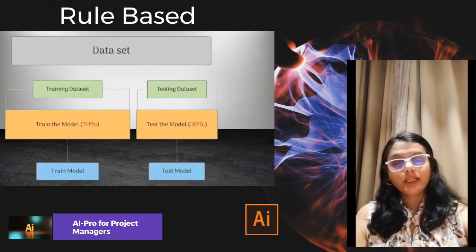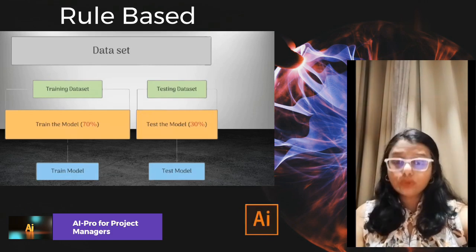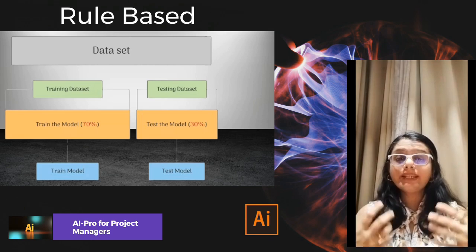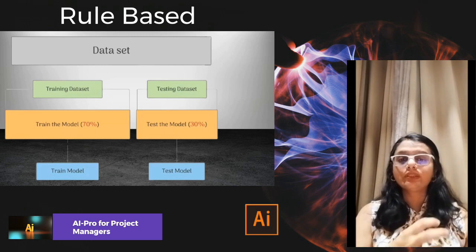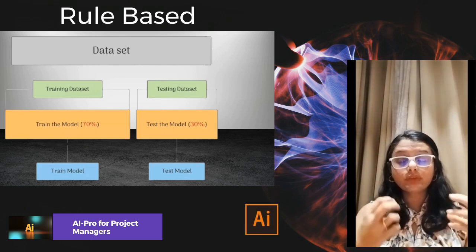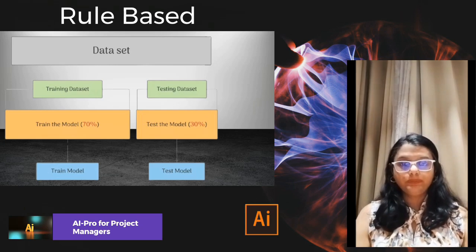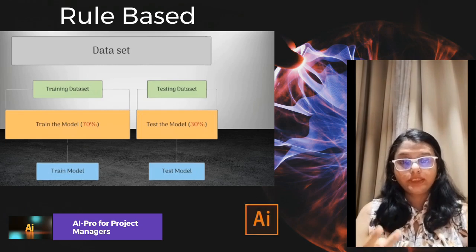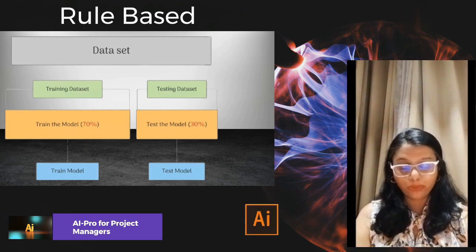The next AI modeling is the rule-based approach. In a rule-based approach, the algorithm provides the outlined output based on the set of rules and instructions provided by the developer. There are two sets of data which can be introduced in the rule-based approach.